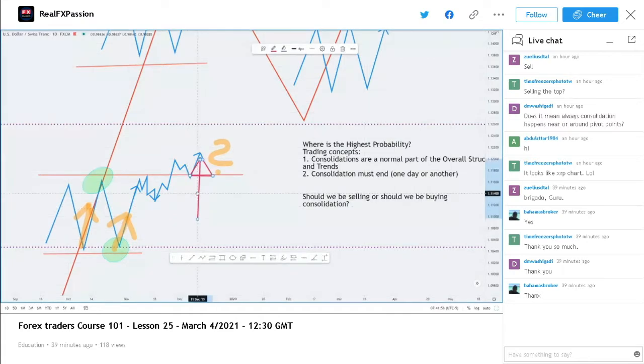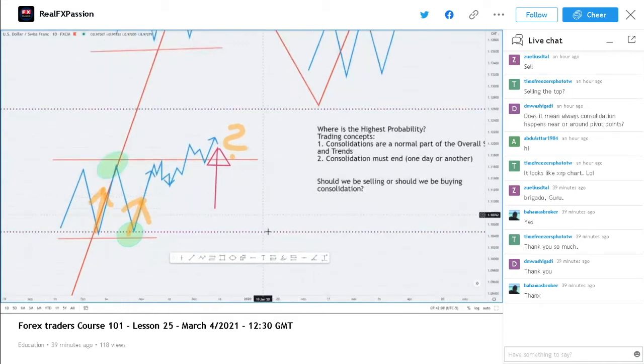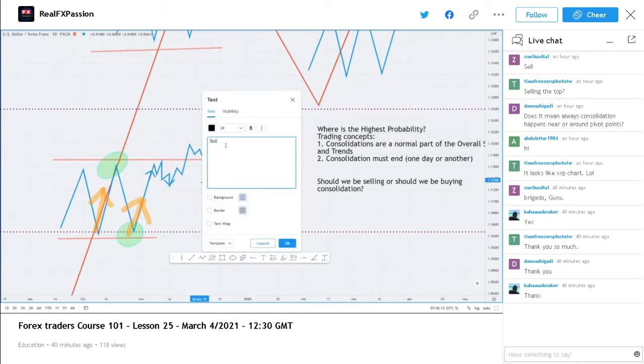Time freezer, hello. Okay, if you buy in here, where should the stop loss go? Everybody? If you buy on this retest, and this happens every time, right?